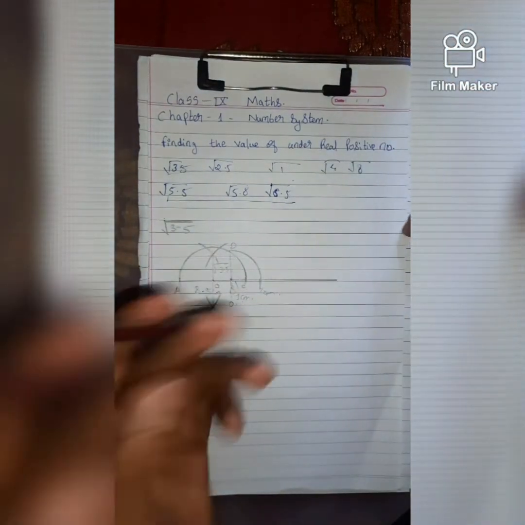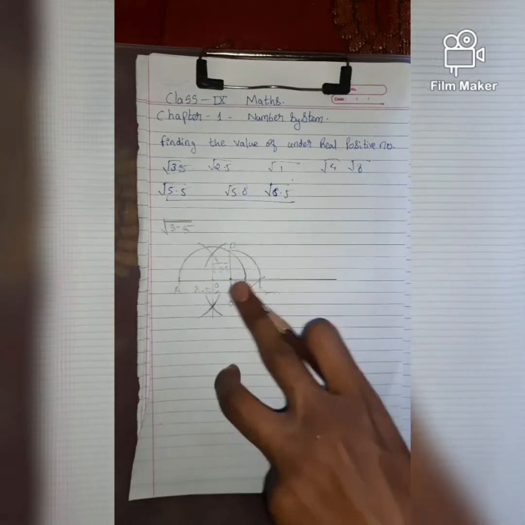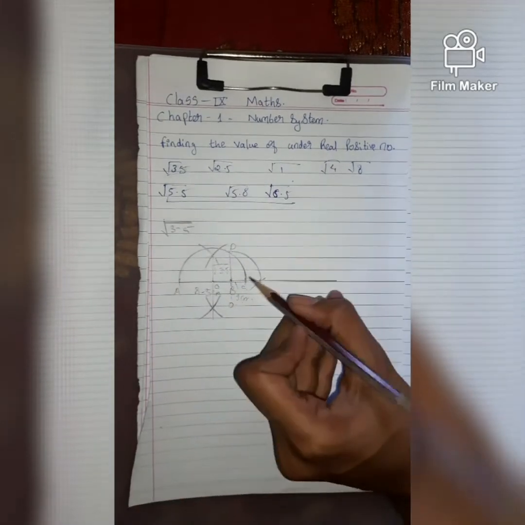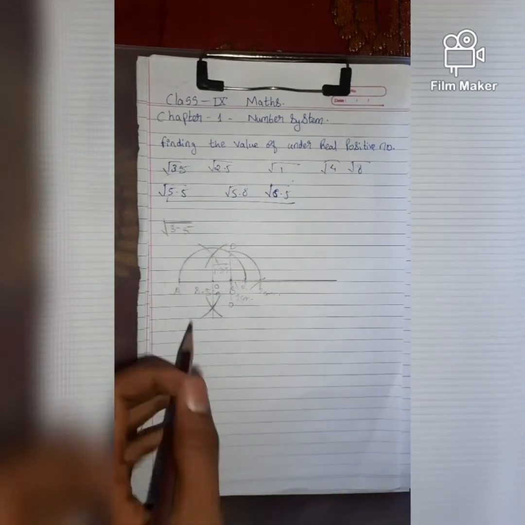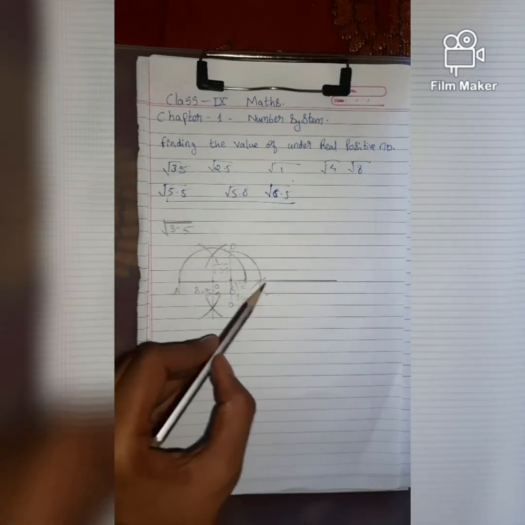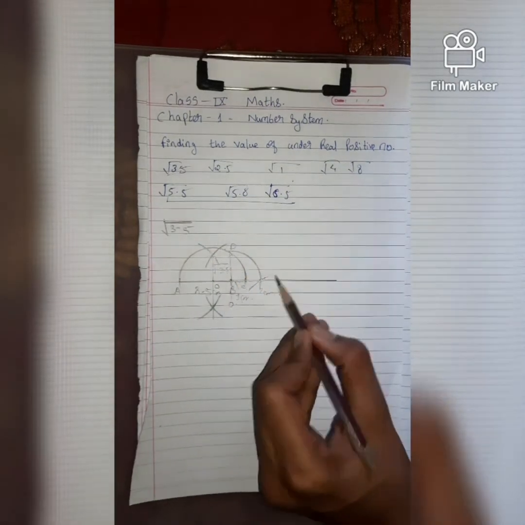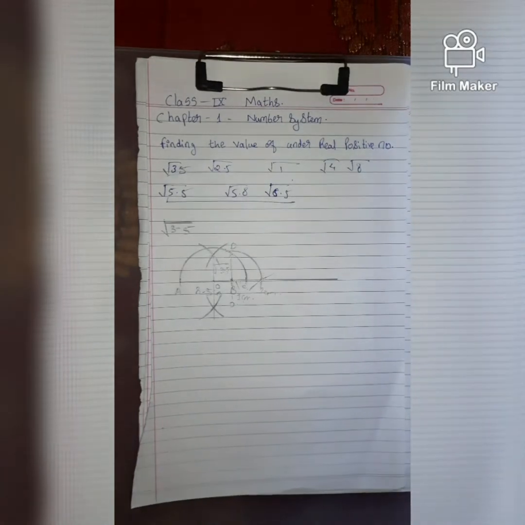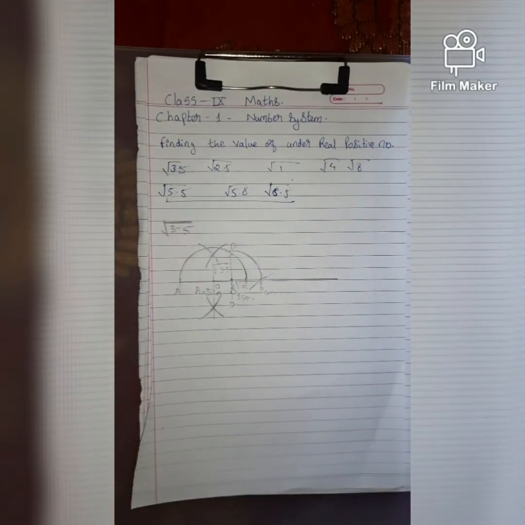As you can see, BD is the value of √3.5. Taking this as radius, we cut that point on the number line. So now I will show how to prove this.